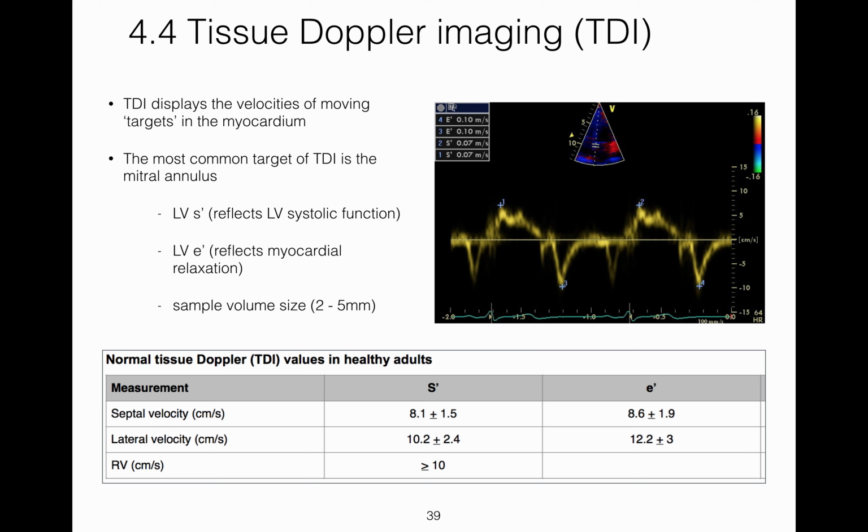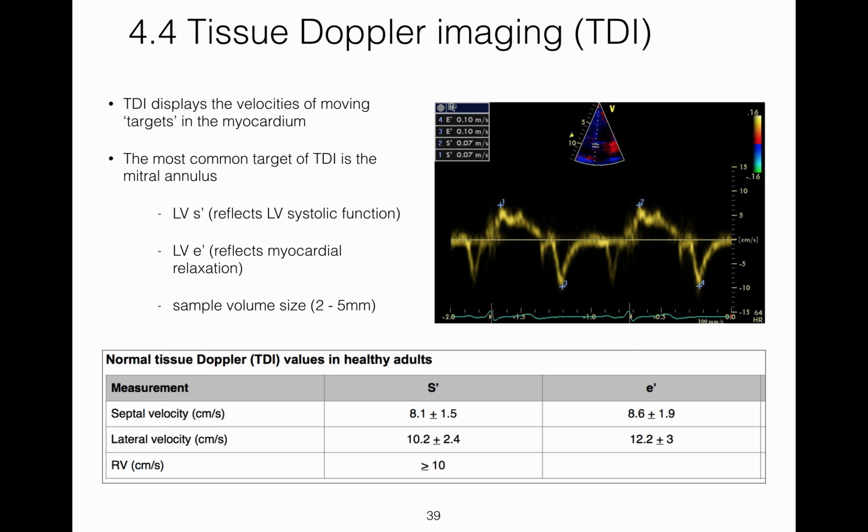Tissue Doppler imaging measurements. Tissue Doppler imaging displays the velocity of moving targets in the myocardium. The most common target for tissue Doppler is the septal mitral annulus, although the lateral mitral annulus is also a common target.